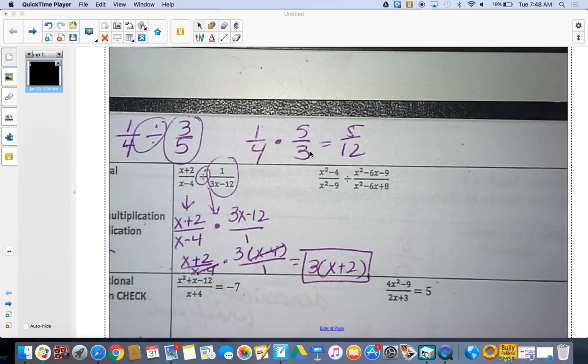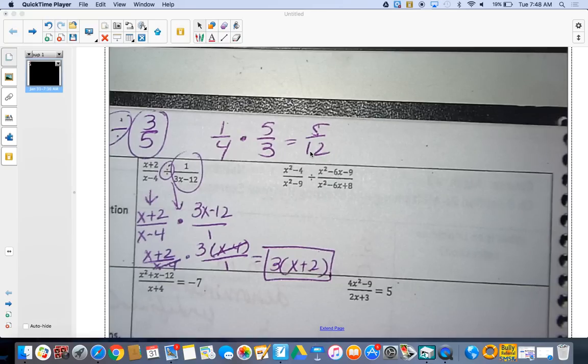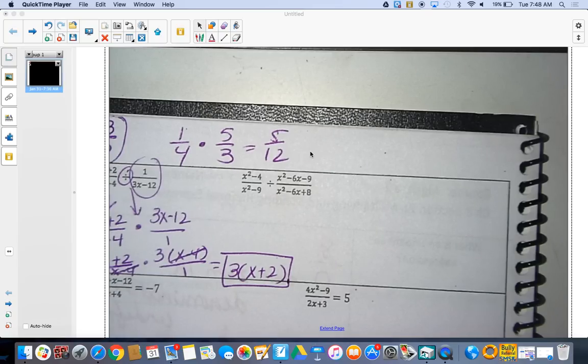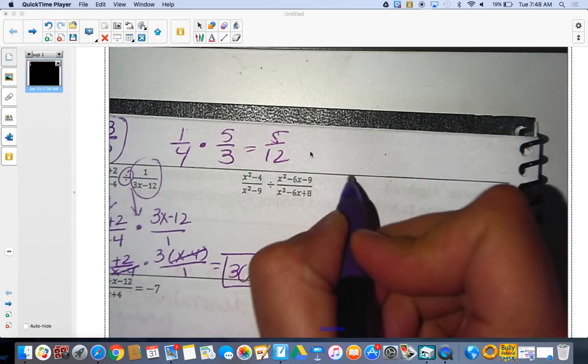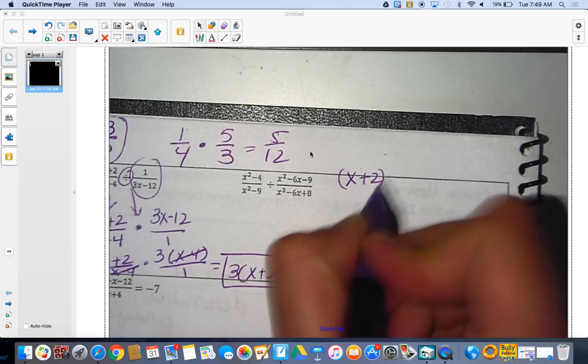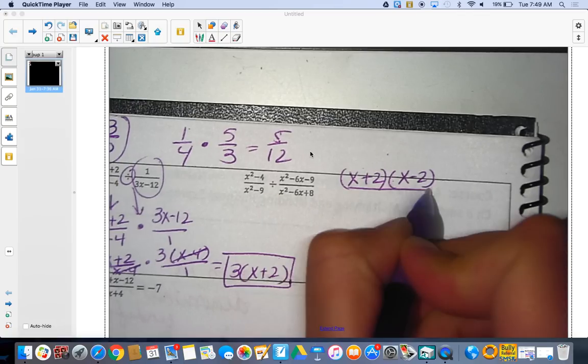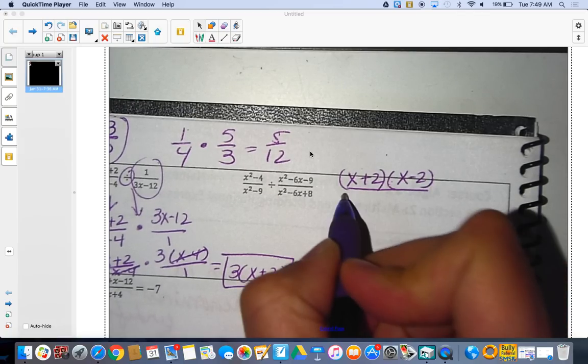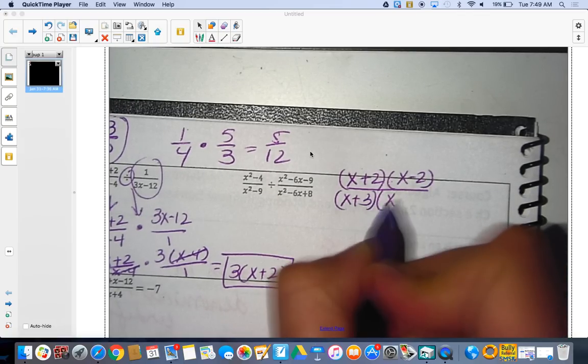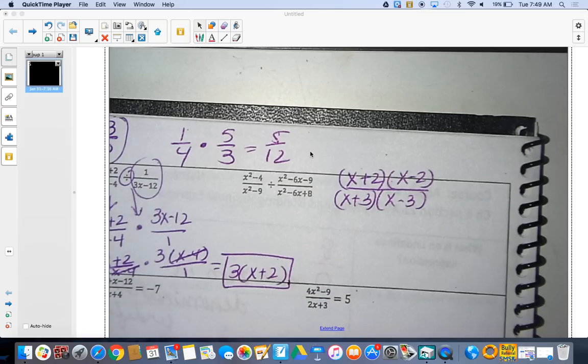All right, the next one here, again, it's division. Now, we can choose to factor everything first and then flip it. So let's do that. X squared minus 4 is a difference of two perfect squares. So it's x plus 2, x minus 2. X squared minus 9 is x plus 3, x minus 3.